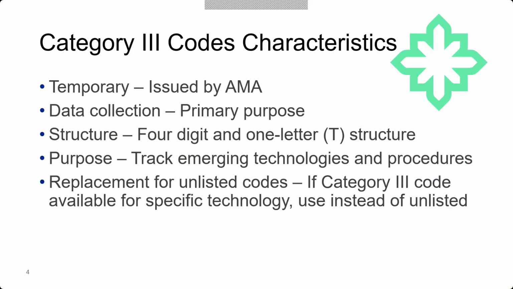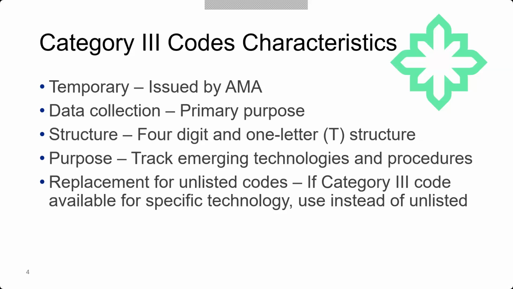So some key characteristics of Category 3 codes: they are temporary. They're used for a limited amount of time, which could be actually up to 5 years, while the technology or procedure is being evaluated. Another characteristic is they're used for data collection. Their primary purpose is to collect data on the usage and effectiveness of that new or emerging service.